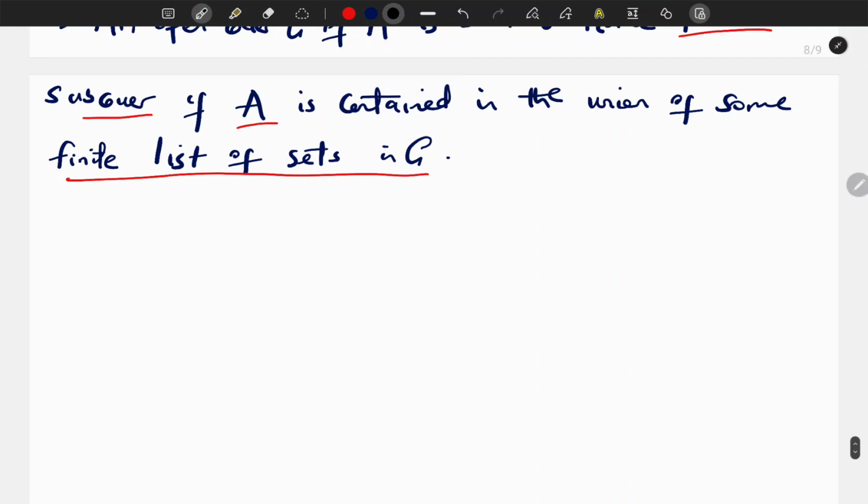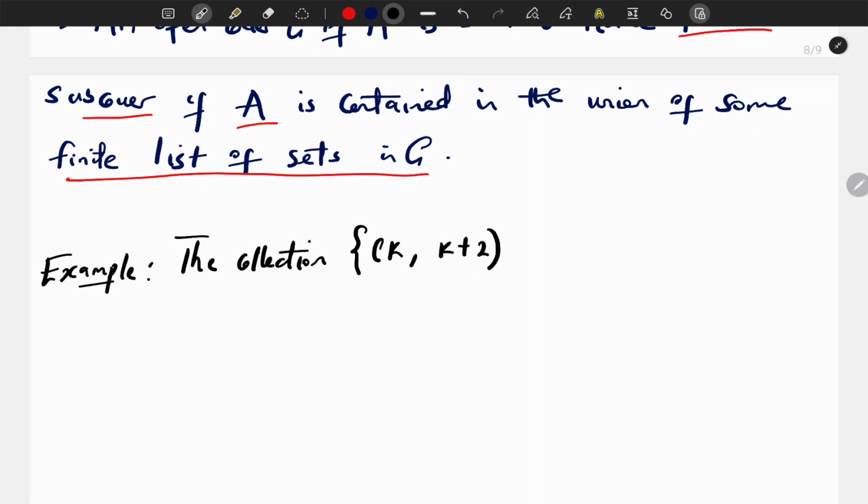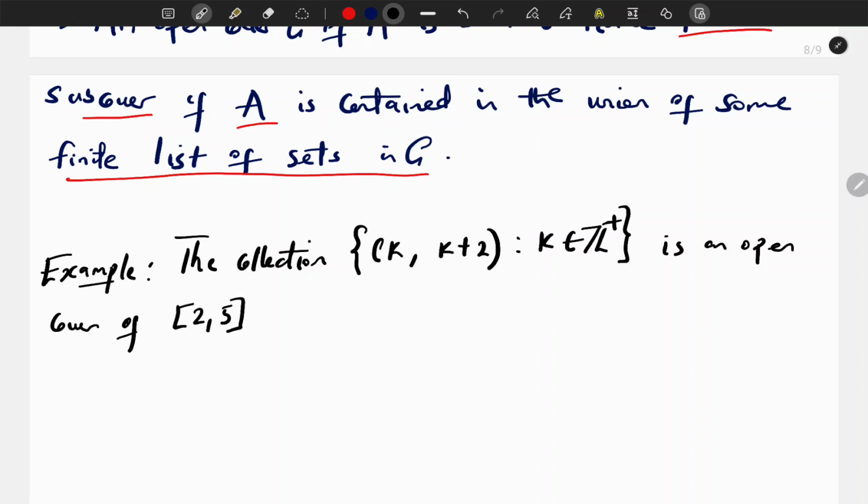So let's give some examples. Look at this, the collection of intervals K comma K plus 2, such that K is a positive integer, is an open cover of 2, 5, which is a closed interval.